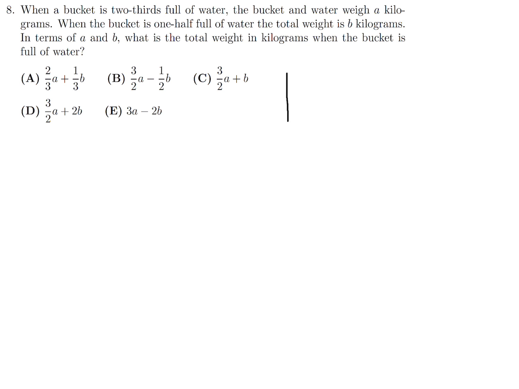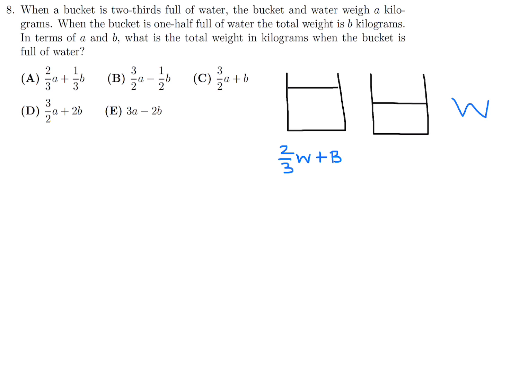So we have some bucket and it has two scenarios. One is 2/3 full and the other is half full. Now the total volume I will call W. So that's my total volume of water. Now they are telling me the first scenario is that 2/3 of the water plus the bucket, I'll call that B, is equal to A. And then the second scenario is when you have half of the water plus the bucket, and that is equal to small b.